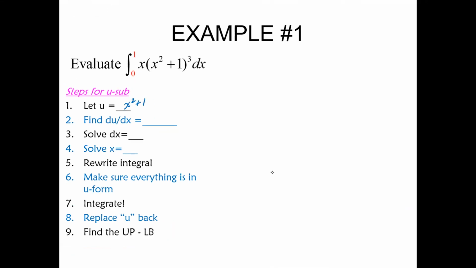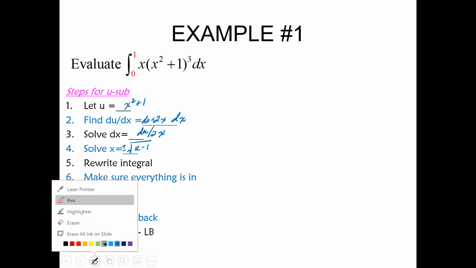Then you know that your du is going to be 2x dx. So I should put du equals 2x dx. Then your dx is going to be du over 2x. And if you solve for x, x equals square root of u minus 1. Okay, now I'm going to go ahead and rewrite the integral.